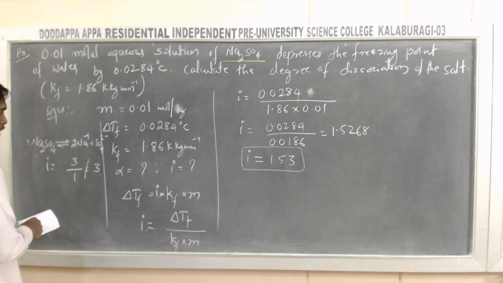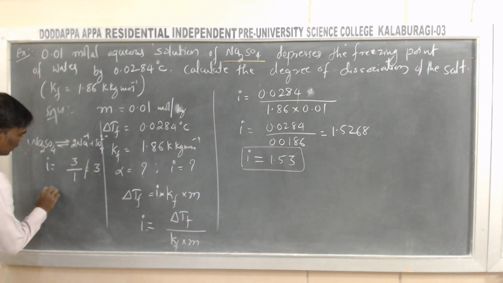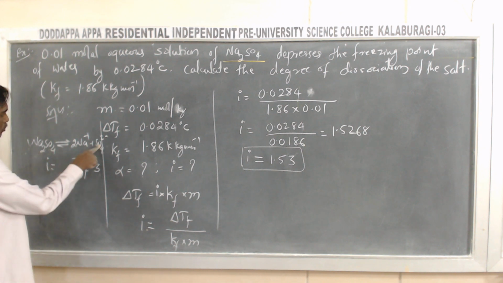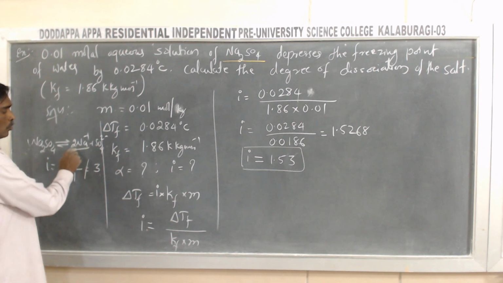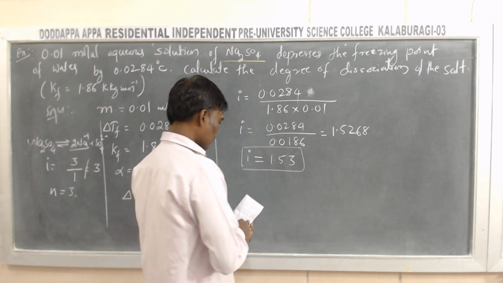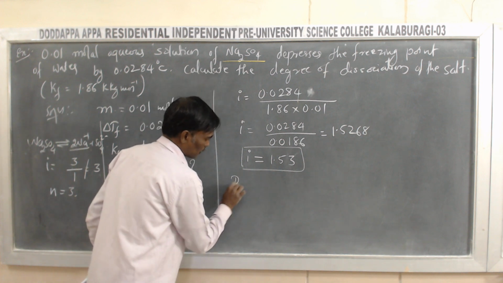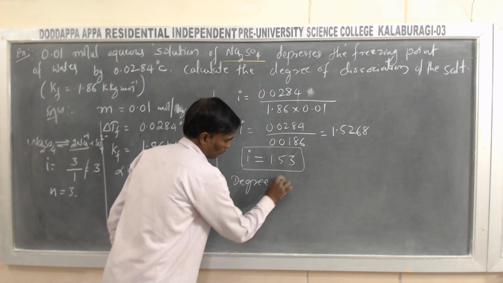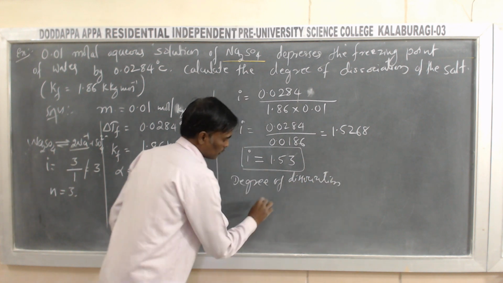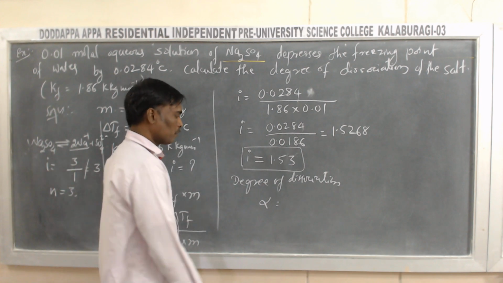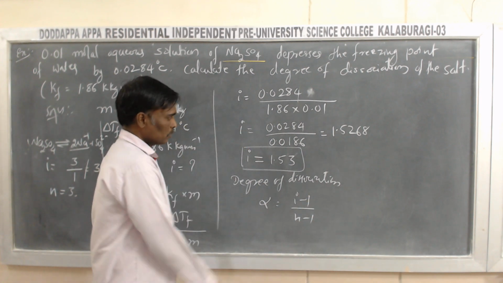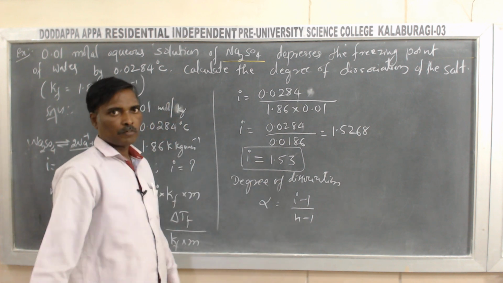For that we need the n value, not the i value. Here, relate the number of ions formed after dissociation. After dissociation, the number of ions formed is 2 sodium and 1 sulfate, so it is 3. Now, using this relationship, the degree of dissociation is calculated using the formula alpha equals i minus 1 divided by n minus 1. i is the Van't Hoff factor, n is the number of ions formed.